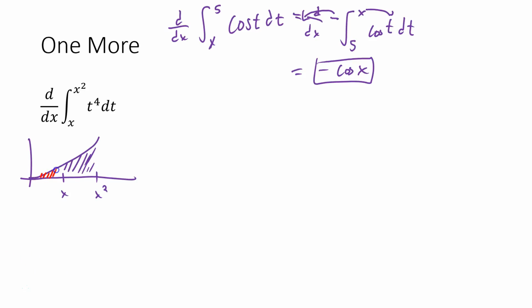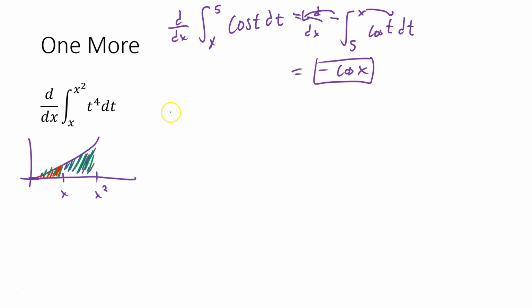The red, we do integral 0 to x, and the green, we'll do integral 0 to x squared. To get the purple area, the area that I want between x and x squared, I can do the green minus the red.